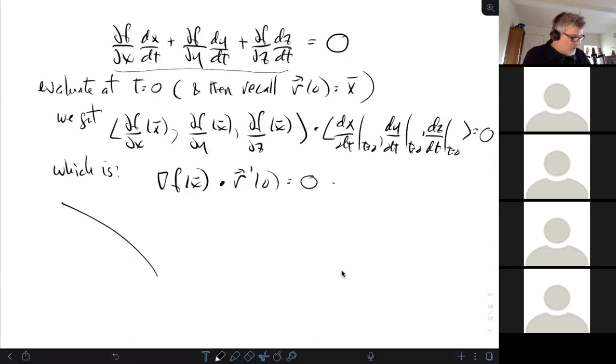So if you have r, this is r of 0. This is r prime of 0. It's the tangent vector there, and the gradient must be perpendicular at this point. Okay, so this is on the heavy side, I know.